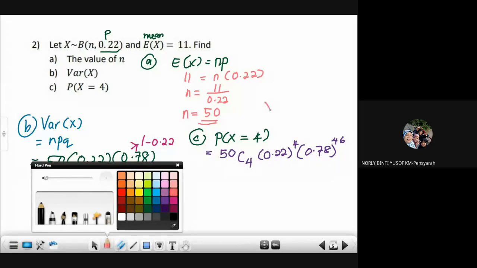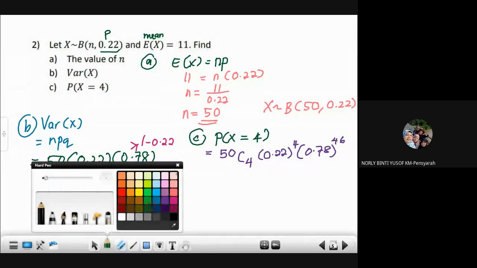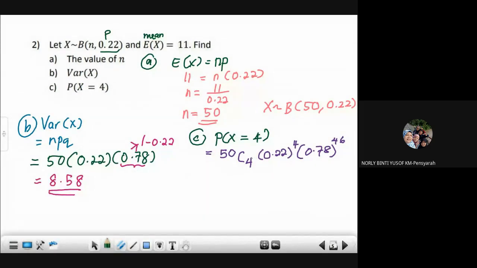Okay, yang ni tadi boleh tulis balik lah. Dia punya distribution 50, 0.22. Untuk yang ni lah ganti. Okay, dan kira lah pakai calculator. Make sure ada darab dekat calculator tu between 50 C4 times kat sini. Dalam calculator masuklah times kat situ. Then kira akan dapat the value as 0.0059.